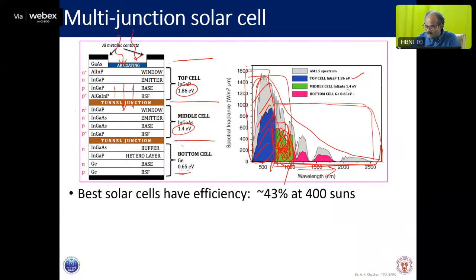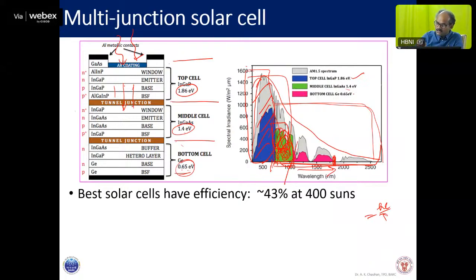Using E equals hc by lambda, you can find the wavelength for 0.65 eV, which will be somewhere here.